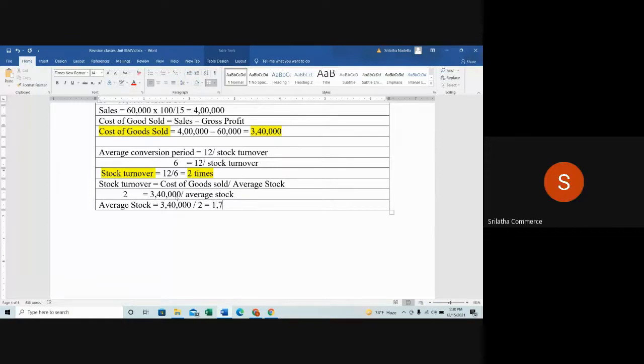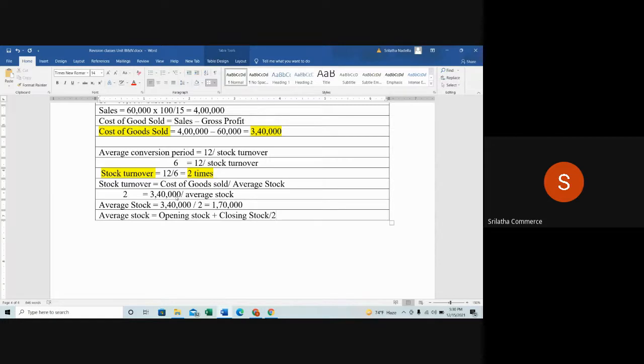Very good. So how do you get average stock? Average stock is equal to opening stock plus closing stock divided by 2. This is your average stock, isn't it? Opening stock plus closing stock divided by 2.